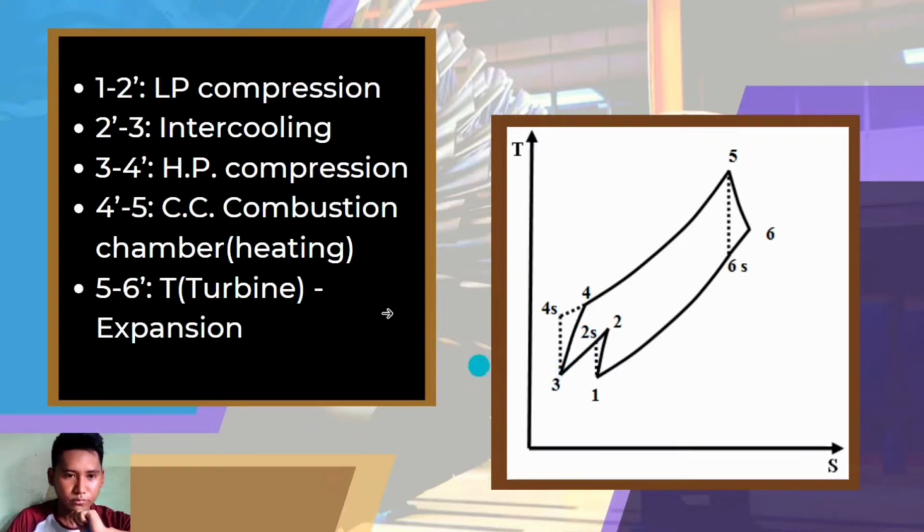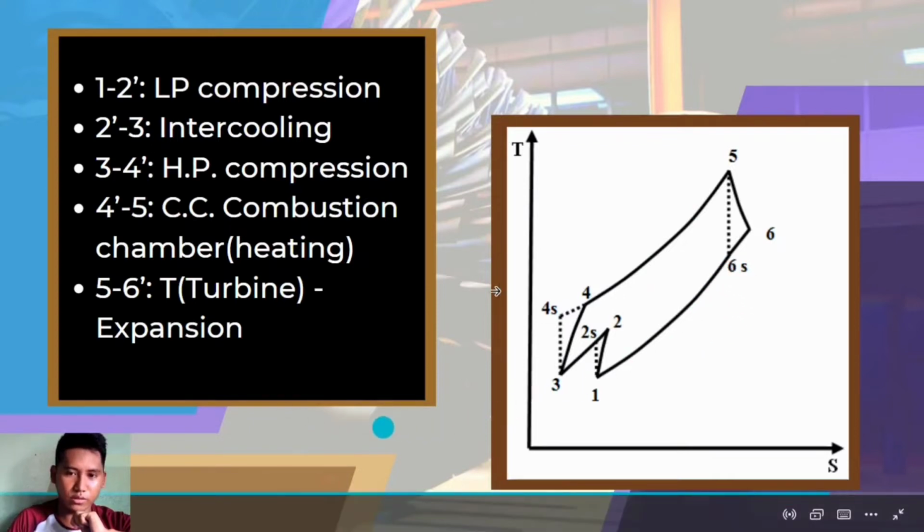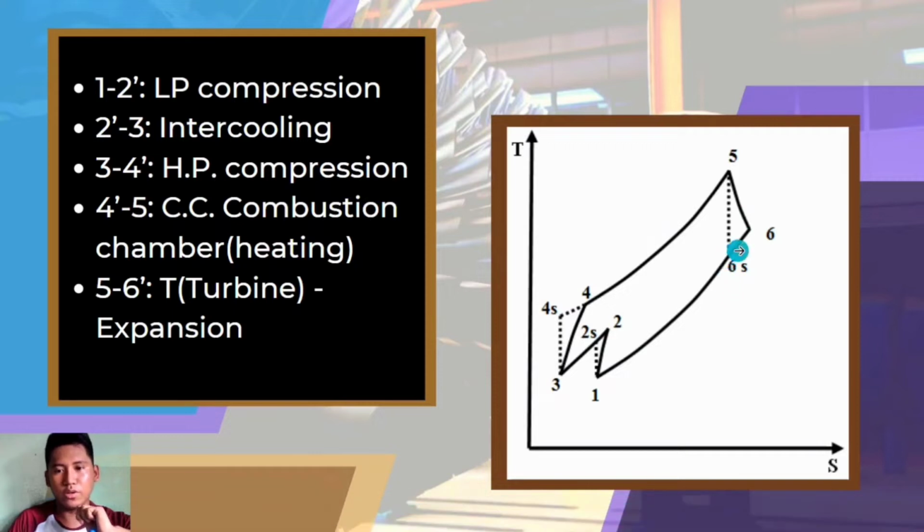Then process 3 to 4 is our high pressure compression. Process 4 to 5 is the heat addition, which is our combustion chamber, where it produces heat. Then process 5 to 6S is the expansion, which is adiabatic expansion. Then 6 to 1 is our heat rejection.